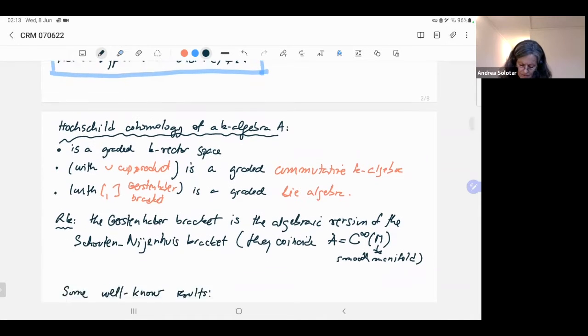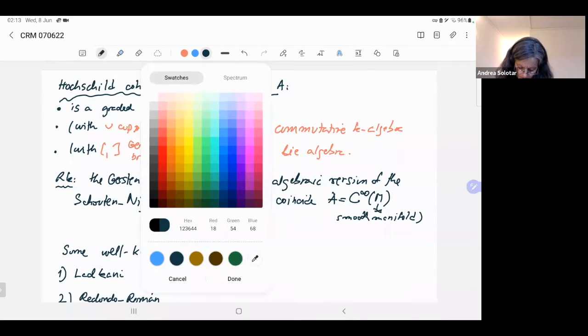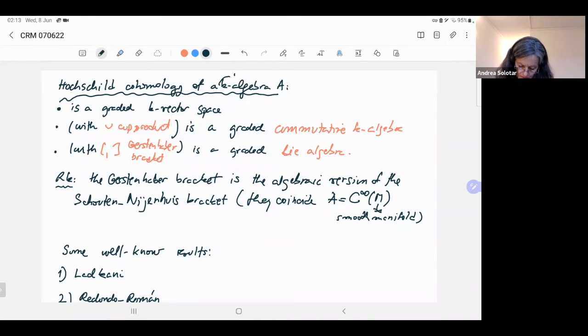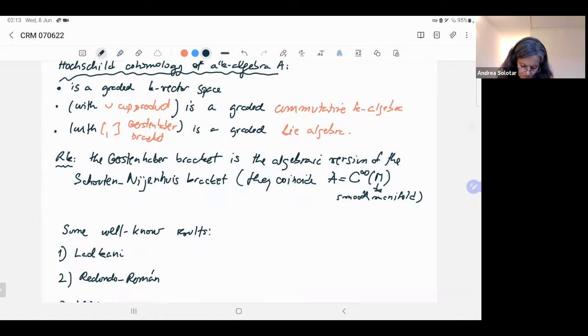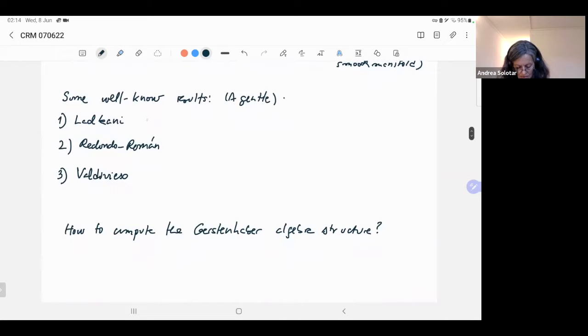Now let me recall some well-known results about Hochschild cohomology of a gentle K-algebra.